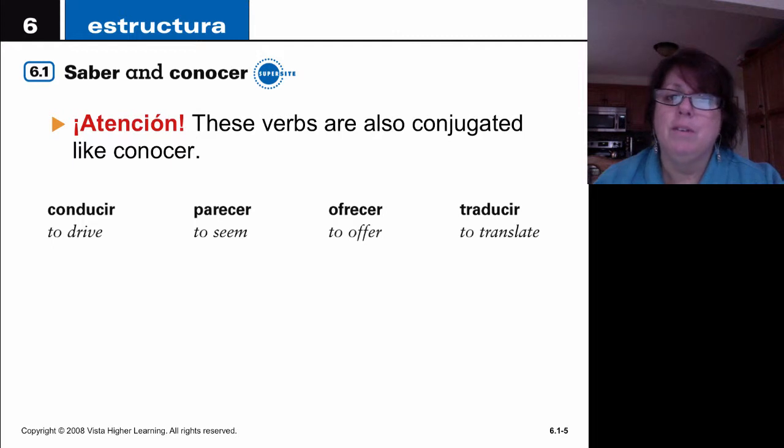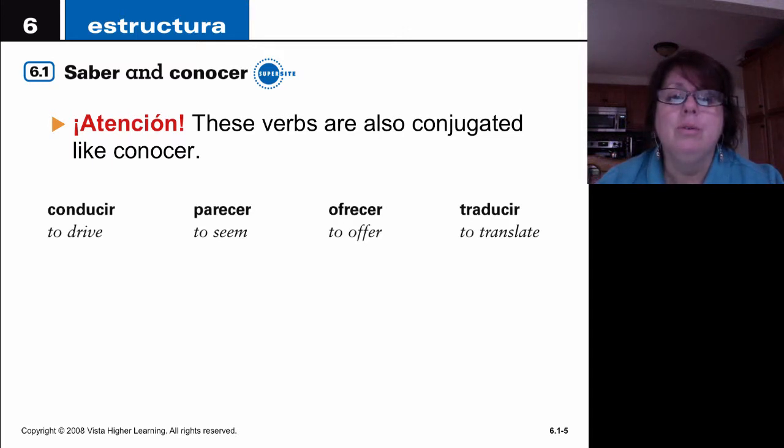Okay, atención por favor. There are other verbs that are ZCO verbs, and these are just where the first person, the yo form, is conjugated like conocer. Conducir, to drive. Parecer, to seem. Ofrecer, to offer. Traducir, to translate.